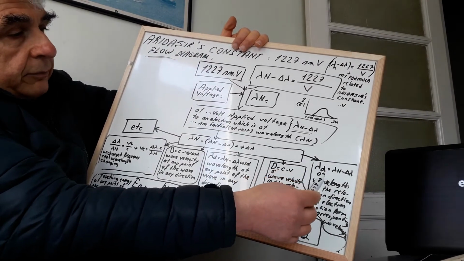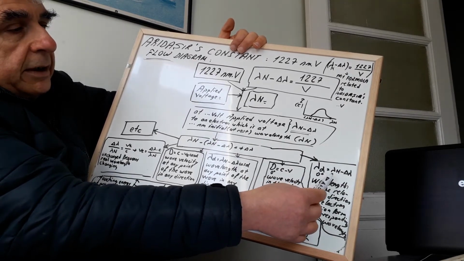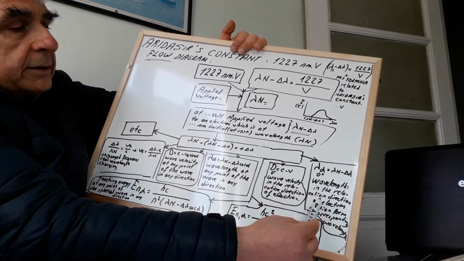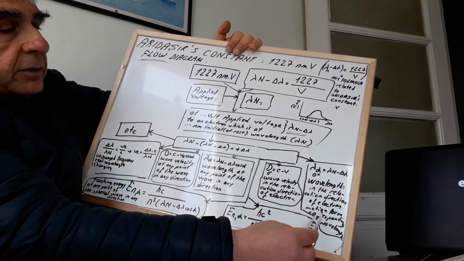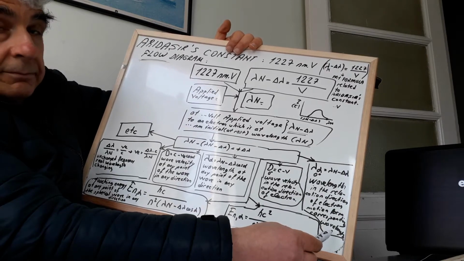And here we can find lambda alpha at 0 degree equals lambda n minus delta lambda, the wavelength in the relocation direction of the electron motion form, which we call the corresponding wavelength.